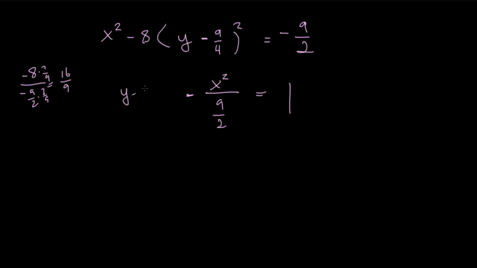So we get (y minus 9 fourths) squared divided by 9 sixteenths. All right, there's our a squared value, there's our b squared value, there's our center, and there's our hyperbola formula.